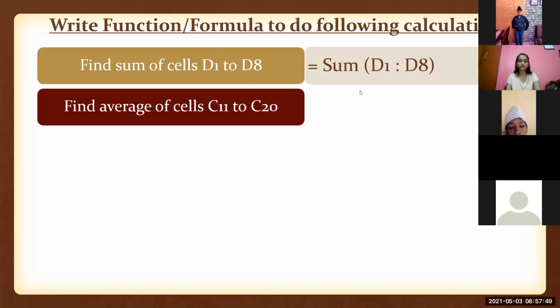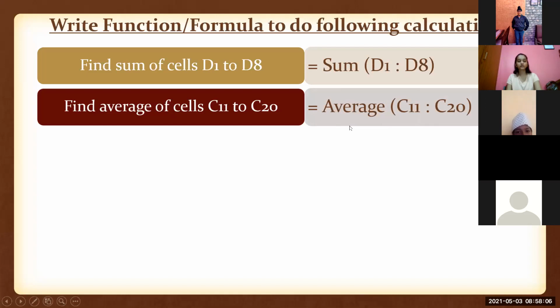Yes, Arshia. What will be the formula to find the average of cells? Is equal to average bracket open C11 colon C20 bracket close. Correct. Very good. Is equal to average bracket C11 colon C20.